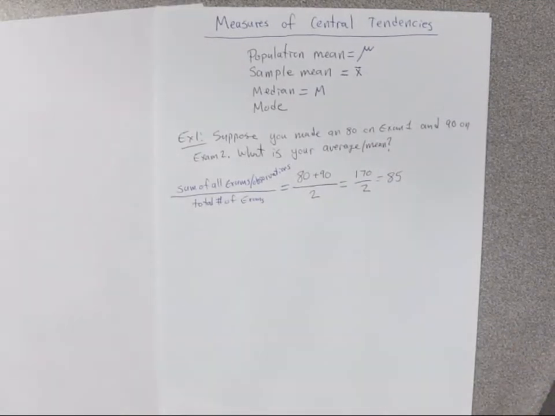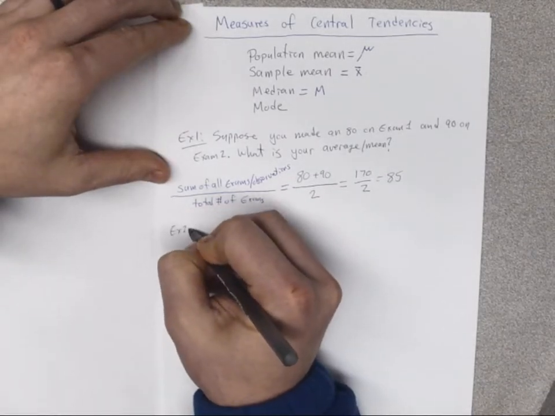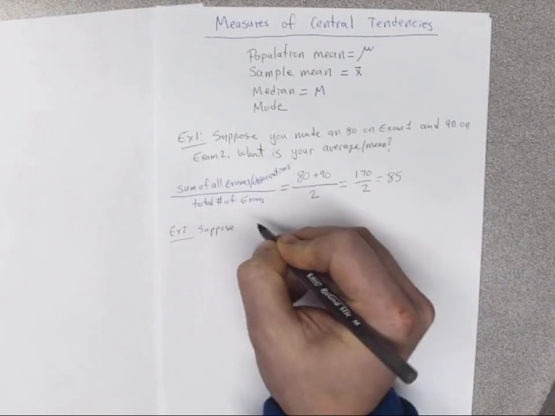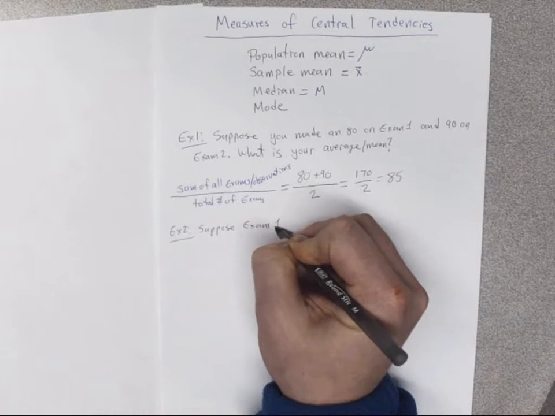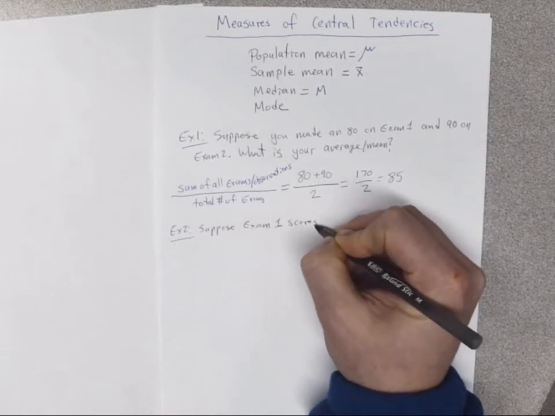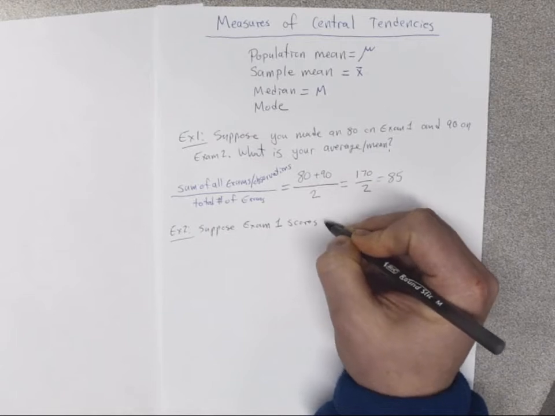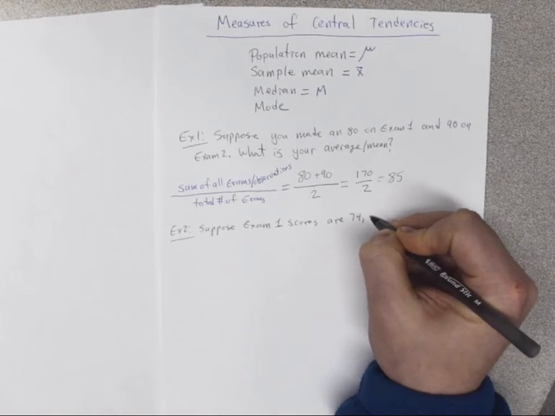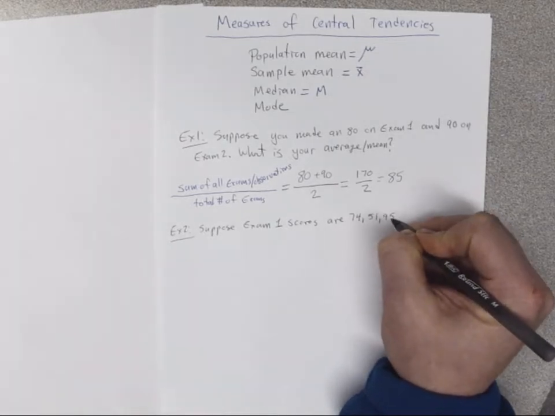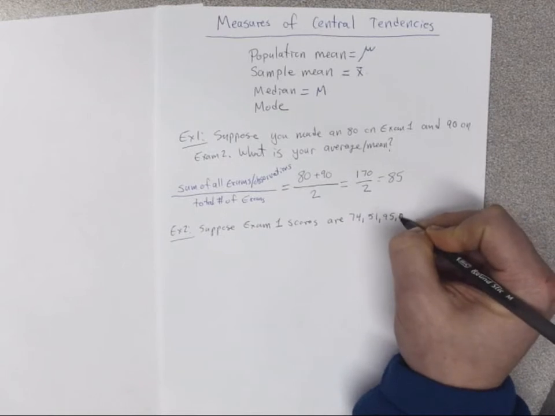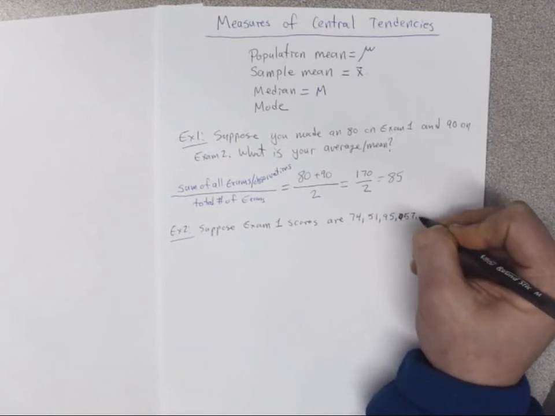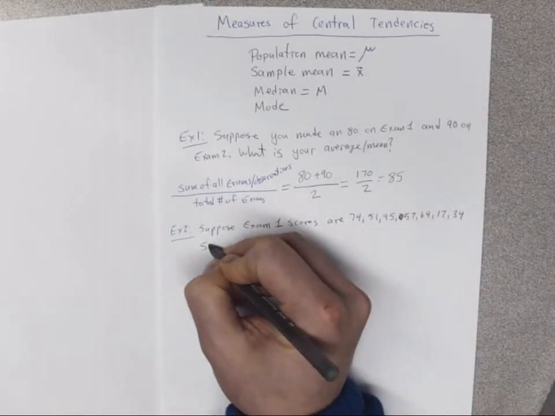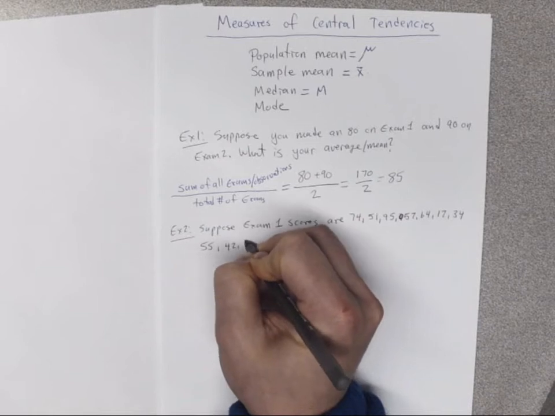So let's look at a little bit longer example. And this time we're going to suppose exam 1 scores are, and I'm just going to write them out here, 74, 51, 95, 70, no, excuse me, 57, 64, 17, 34, 55, 42, and 81.